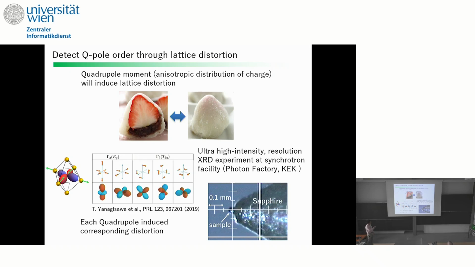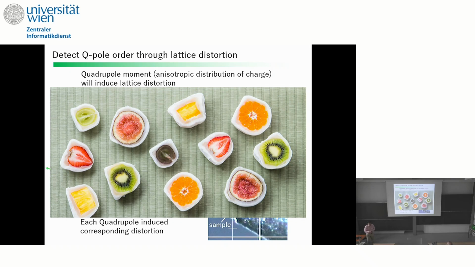And a possible quadrupole moment is coupled with a unique lattice distortion. So if we can perfectly detect the lattice distortion, this should be very small. But if we can detect any kind of quadrupole like this.